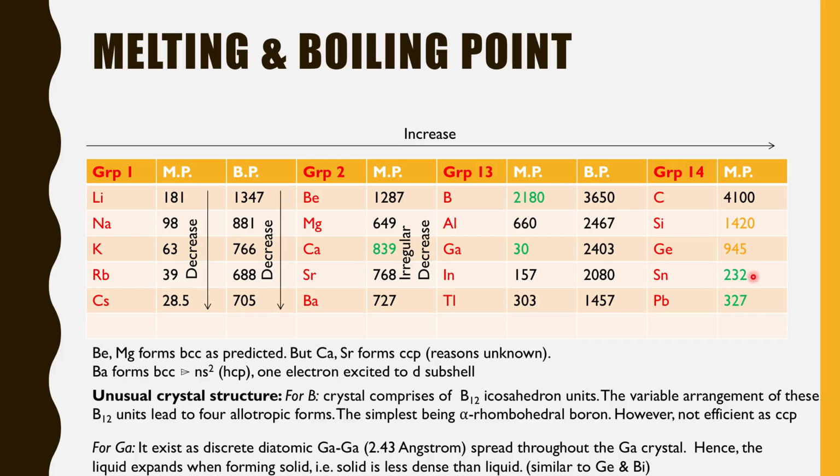So whatever bonding is coming is from the np2 electrons. Since only two electrons are participating in bonding, they have a little bit weaker cohesive energy as compared to the rest of the group 14 elements. So that is why you see a sudden decrease in the melting point in the case of tin and lead. So I hope I made these points pretty clear to every one of you.